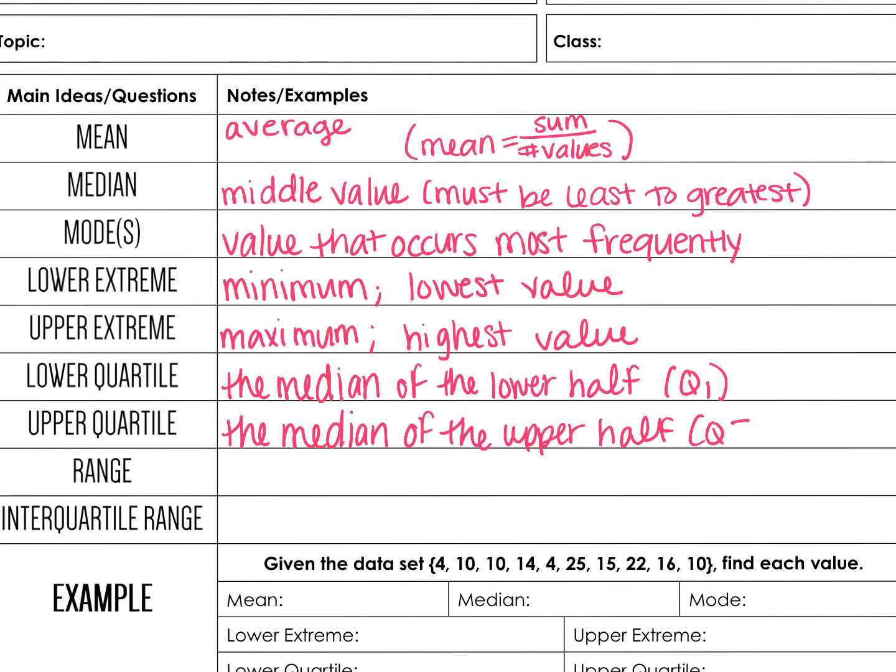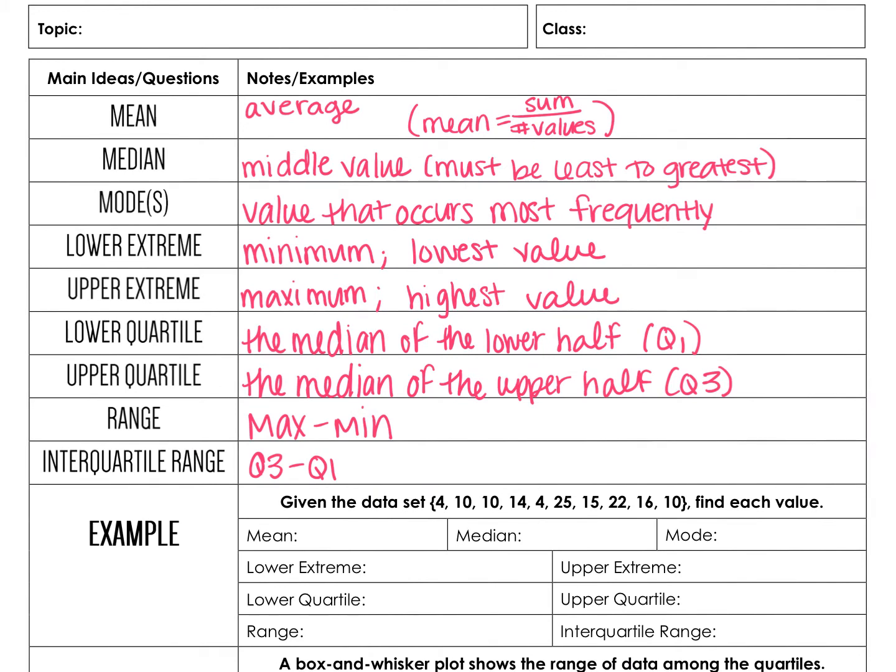And this is sometimes called Q3, with the median being Q2. The range is just the maximum minus the minimum. And to find interquartile range, it's Q3 minus Q1, or the upper quartile minus the lower quartile.